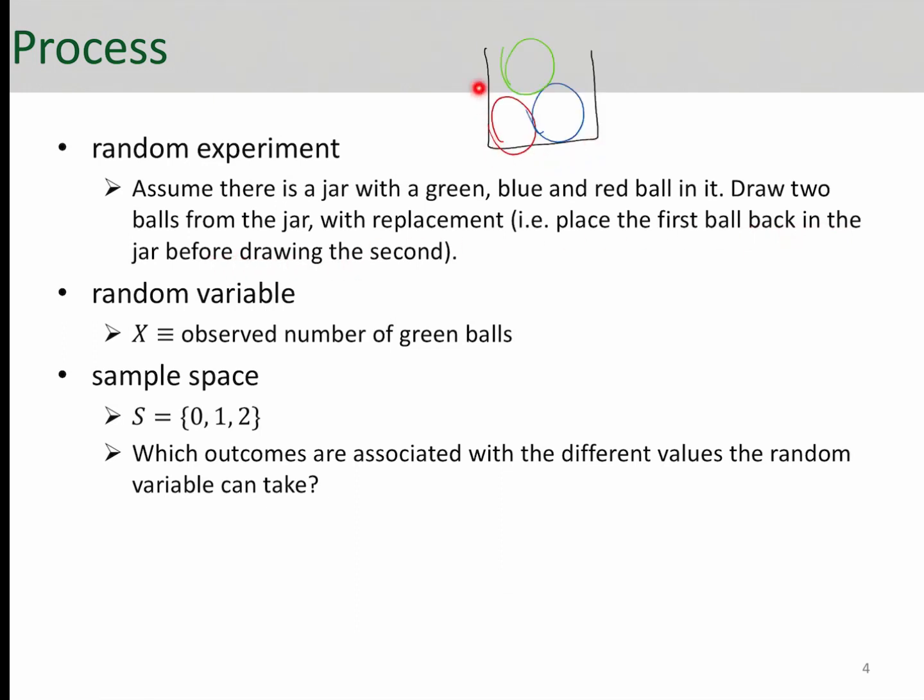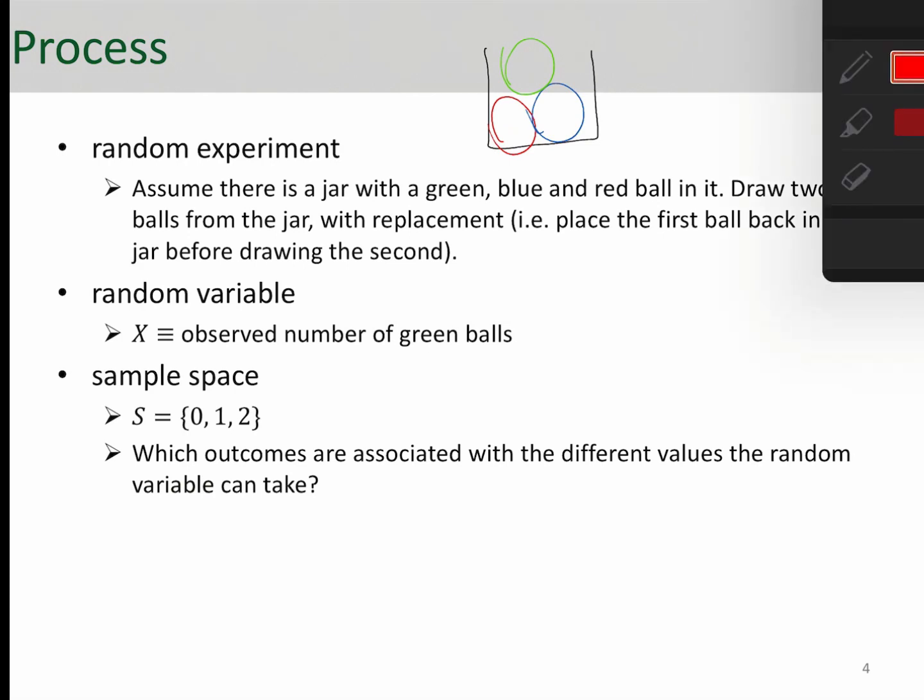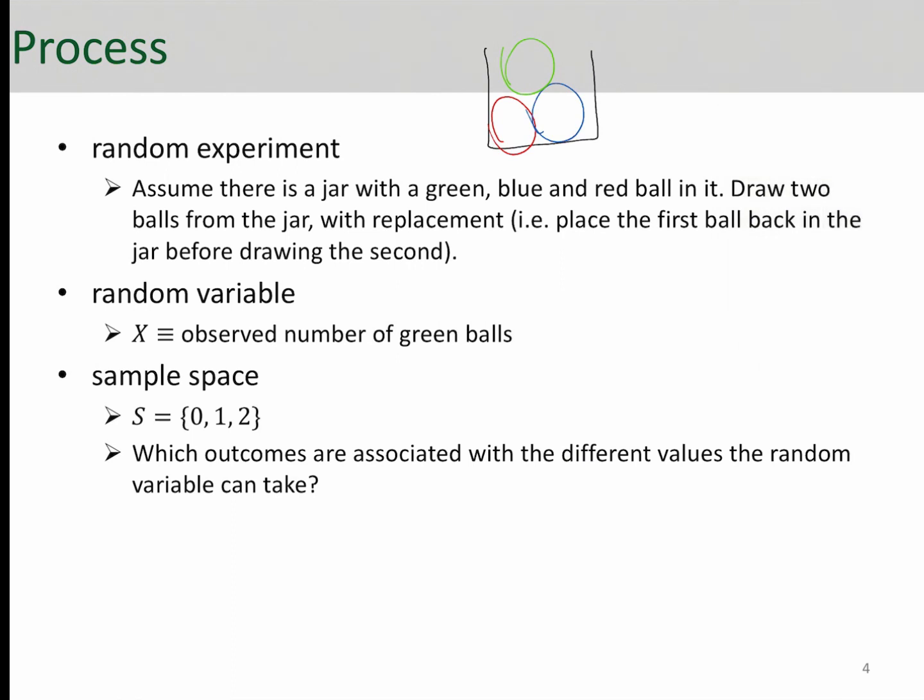Essentially, we're looking at a jar like this, and when we are drawing two balls from this jar with replacement, the outcomes that can happen are you either grab these two, or these two, or these two, or the same ball, basically blue blue, green green, or red red.